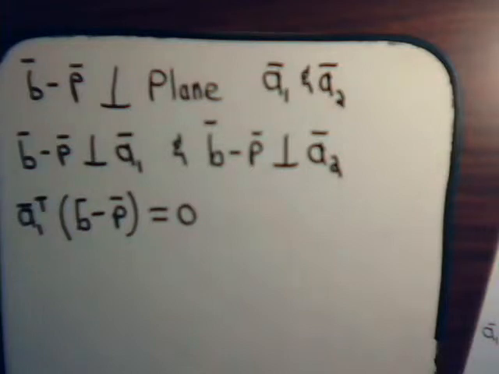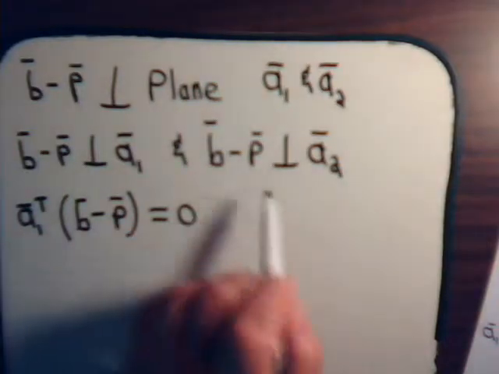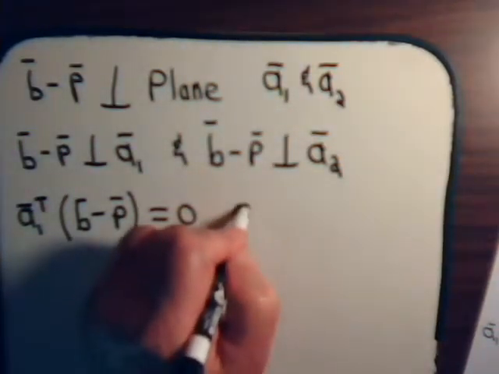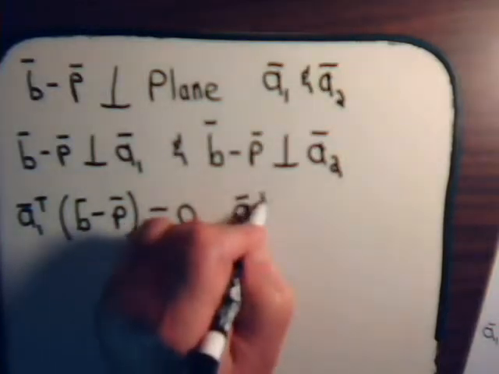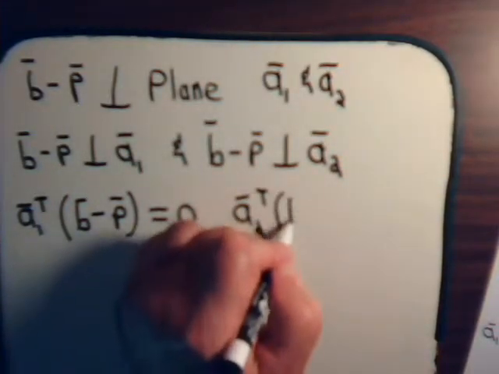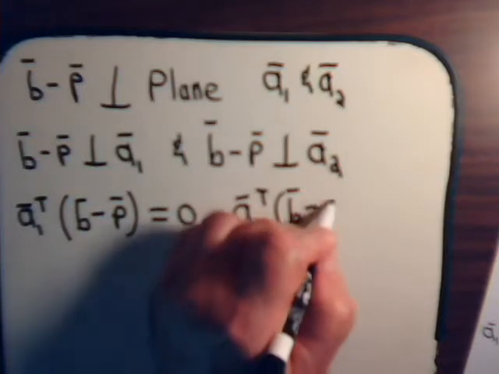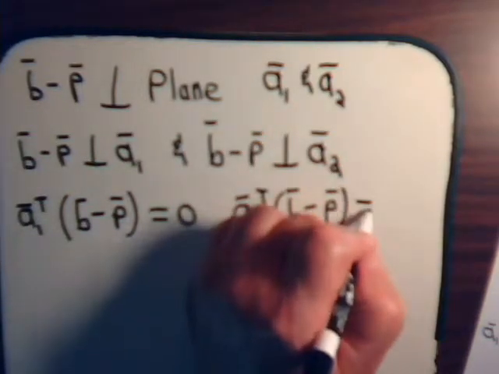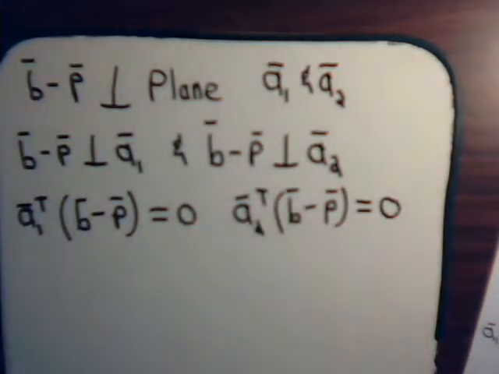Remember, when we're taking the dot product of two vectors, we always write our vectors as column vectors. When you take the dot product, then you have this as a row vector. So we write this as A1 transpose, as you saw us do in our previous videos. Then we also have from here A2 transpose times B minus P equals 0.